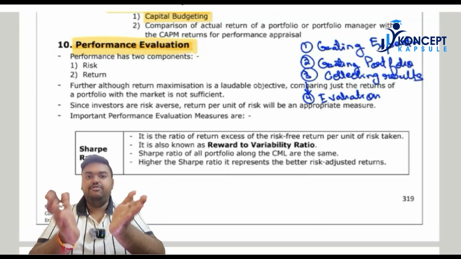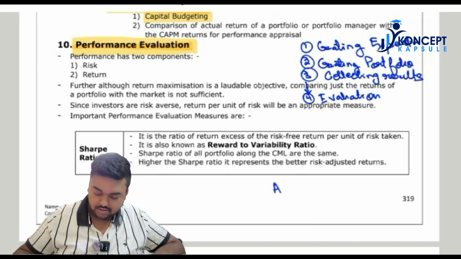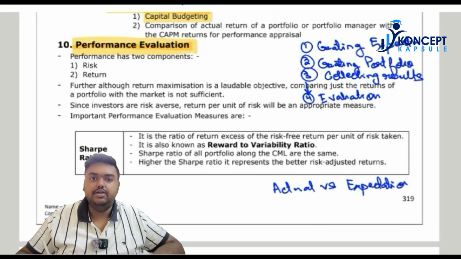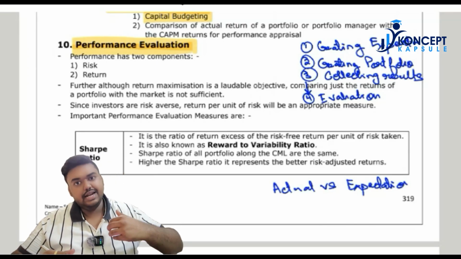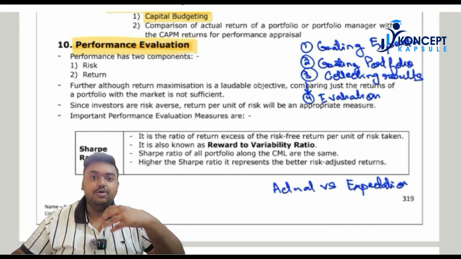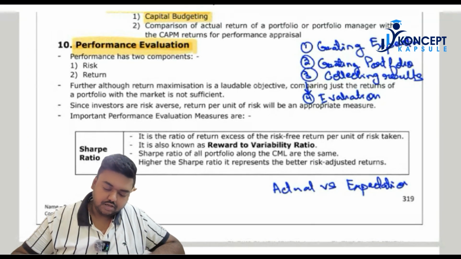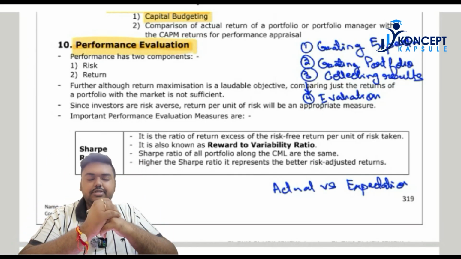Now what I have to do is simply compare the actual versus the expectation, to see whether I am meeting my expectation, whether I am surpassing it, or whether I'm not able to meet my expectation. Guys, are we clear with the entire thought process behind performance evaluation?